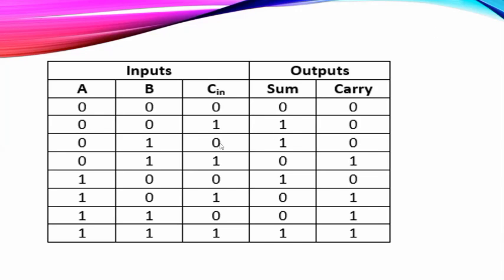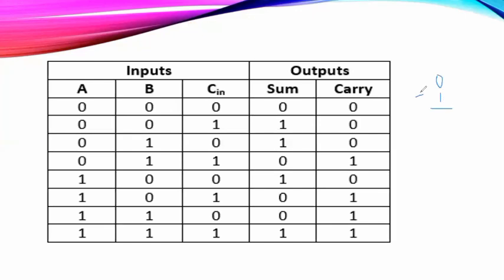So the sum is also high and the carry is low. So next, when we are seeing this row 0, 1, 1, if you can see, there are two inputs which is high. High is nothing but 1, low is nothing but 0. There are two high inputs.